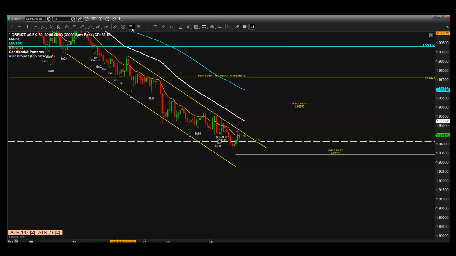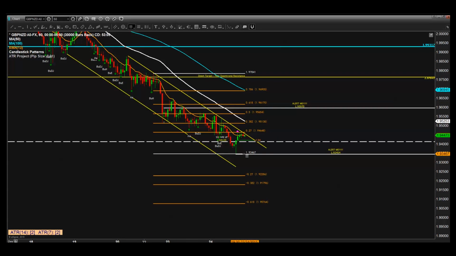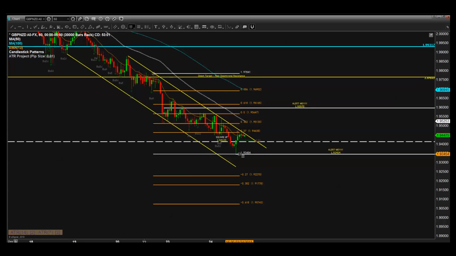Why do I need a new set of fibs? Swing high. Actually, I didn't need that. Not there. There. Why do I need this one here? This was the drop that originated that move. Everyone understood that?